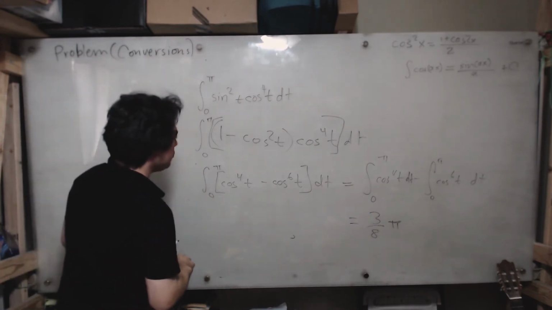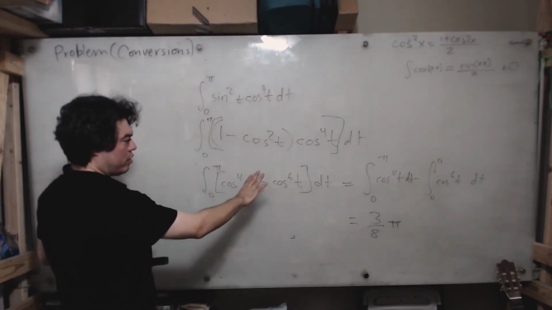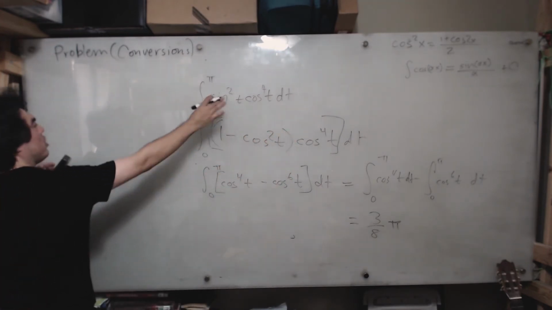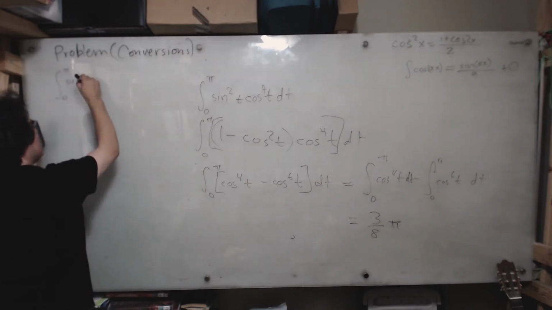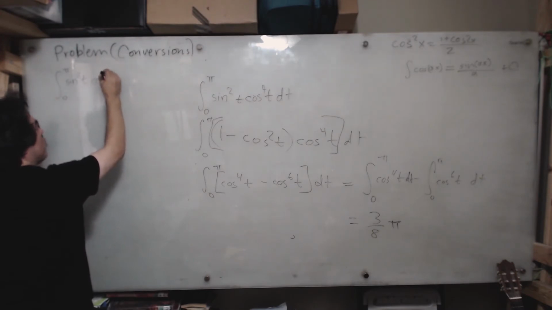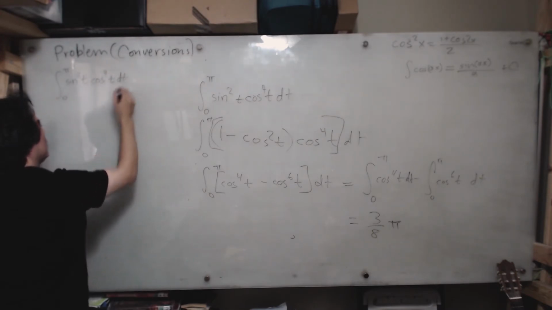So we already saw this. What I'm going to do is copy this part: the integral from 0 to pi of sine squared t cosine to the 4th t dt.